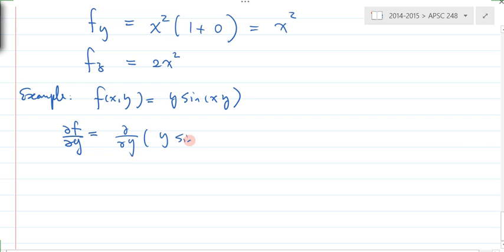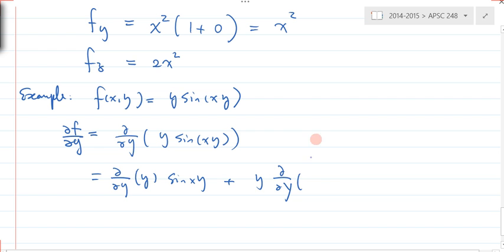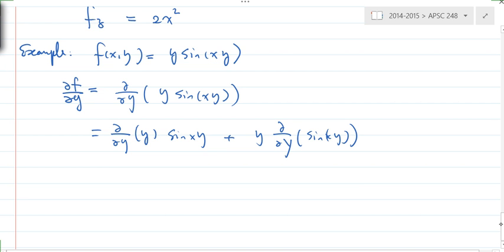You take the partial derivative like this: the derivative of the first term with respect to y times the second term, plus the first term times the partial derivative of the second term. Is that clear? So for the first one, dy over dy is equal to 1, so that's sine xy.